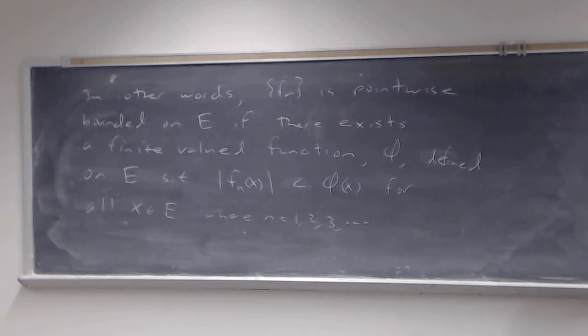Kind of like when we had pointwise convergence and then uniform convergence, we have this pointwise boundedness, and we're going to have this uniform boundedness. The pointwise has to do with, for each individual x, we get a bound.